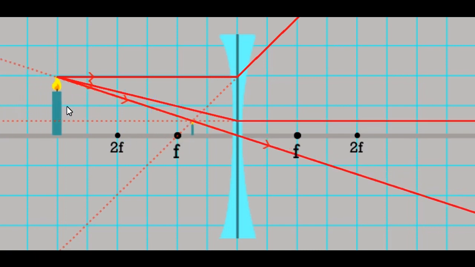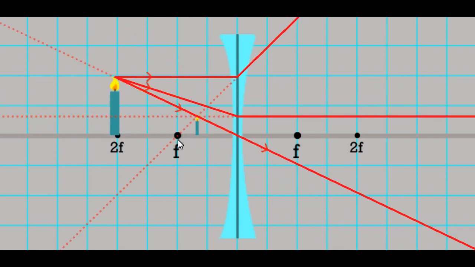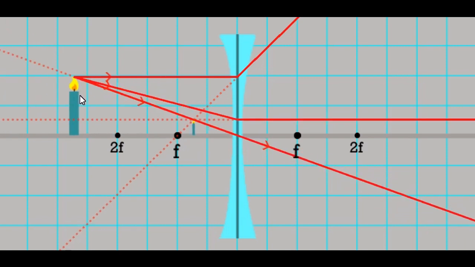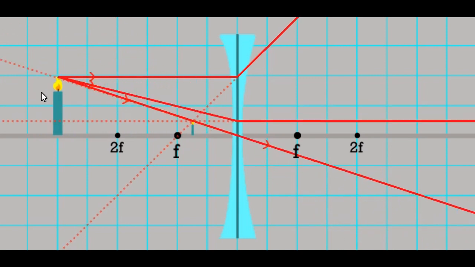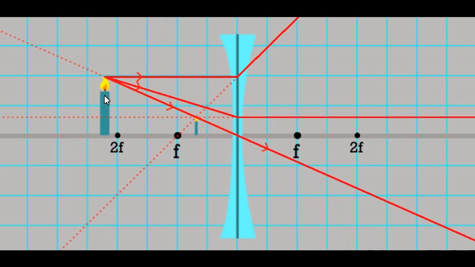From here to here, if I drag, the image moves only between this focus and the optical center. So when the object is placed anywhere between infinity and the optical center, the image will be formed between the focus and the optical center.